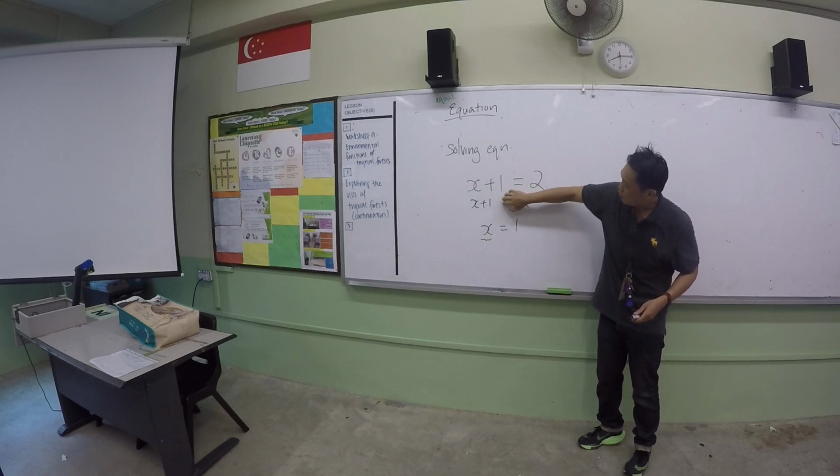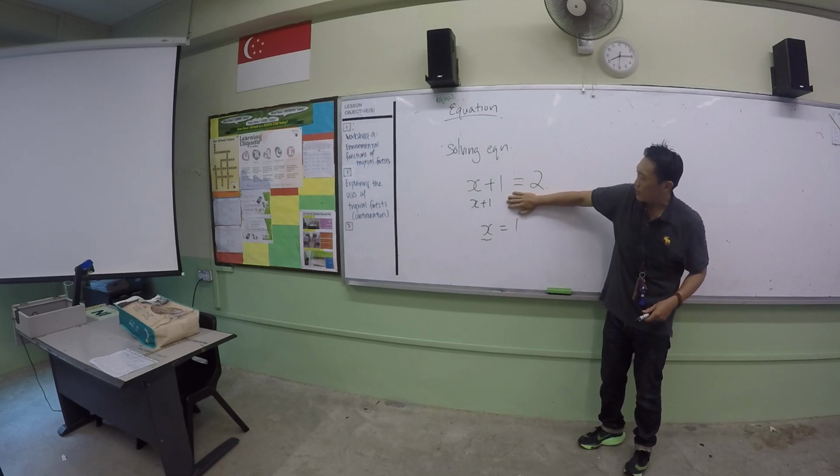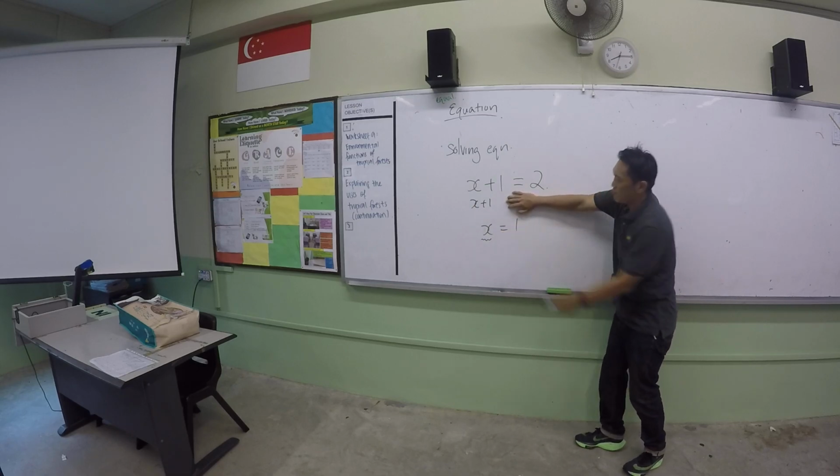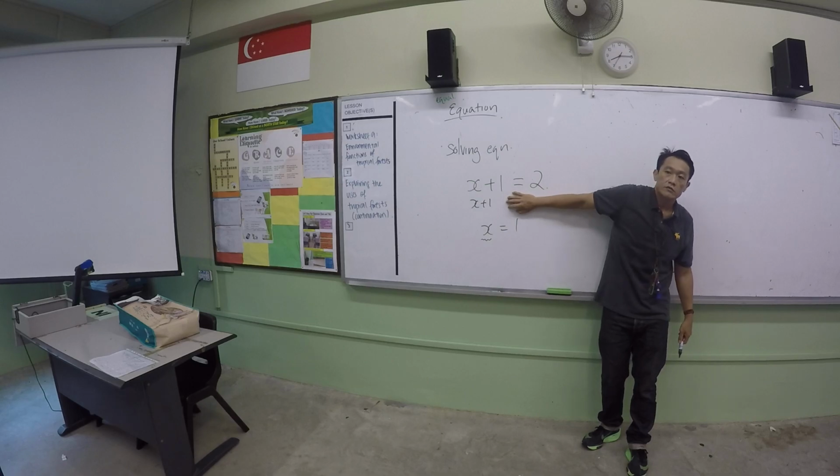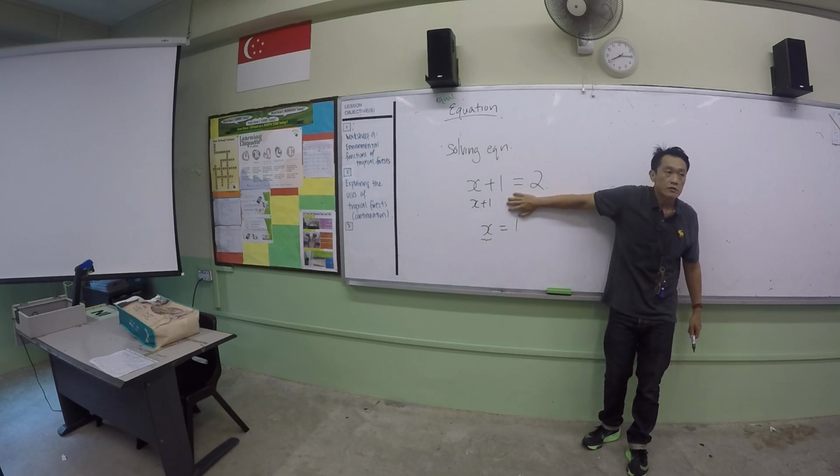So, when I look at the left hand side, I have x plus 1. How can I make x plus 1 become x? How can I remove plus 1? Remove. Okay, if I have 1, how can I make 1 become 0?